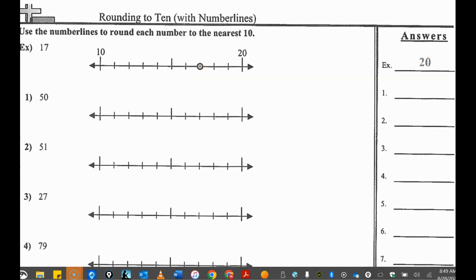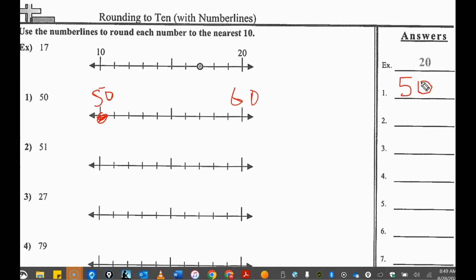Okay. Now, here's 50. So 50 is going to be between what two numbers? Technically, it's going to be between 50 and 60. And here's 50 right here. Okay. 50 rounded to the nearest 10 is already rounded to the nearest 10 because there's a 0 in the ones place. So this is 50 right here. Okay. Now I have 51.